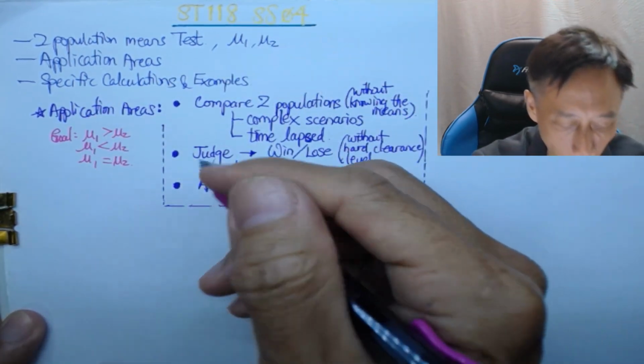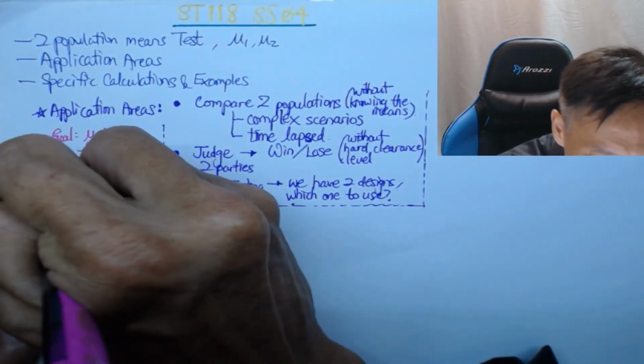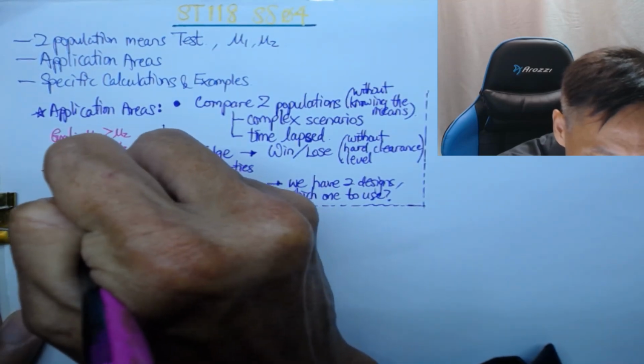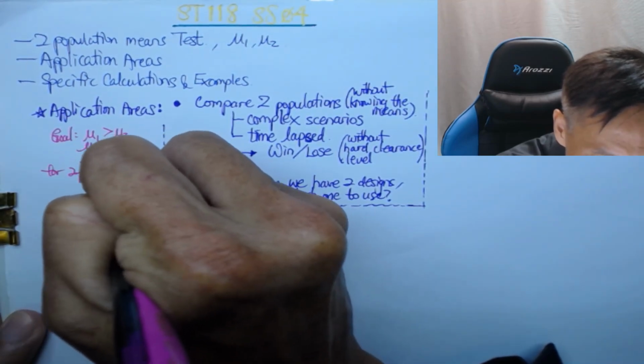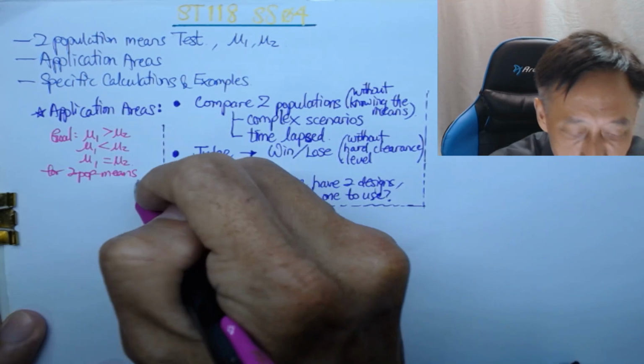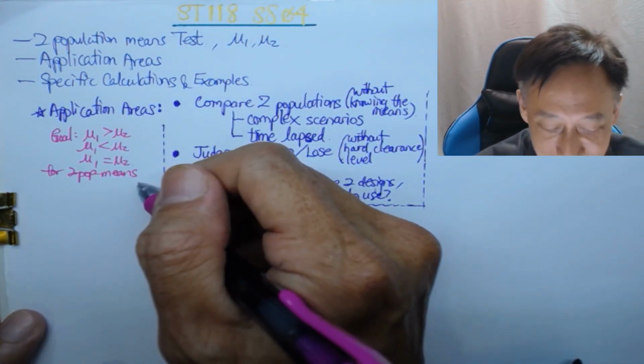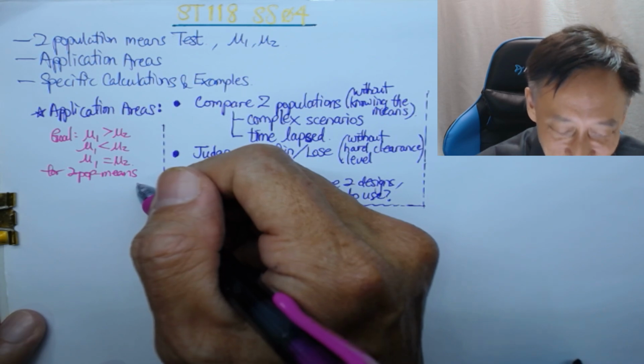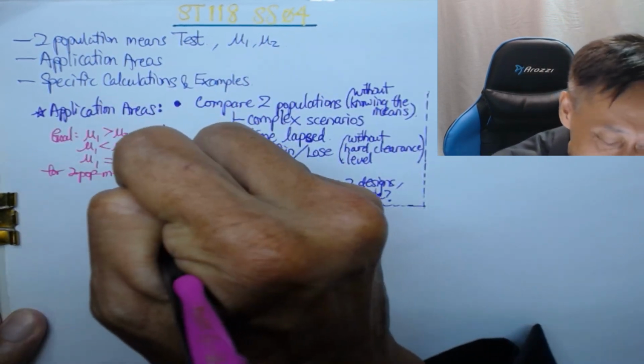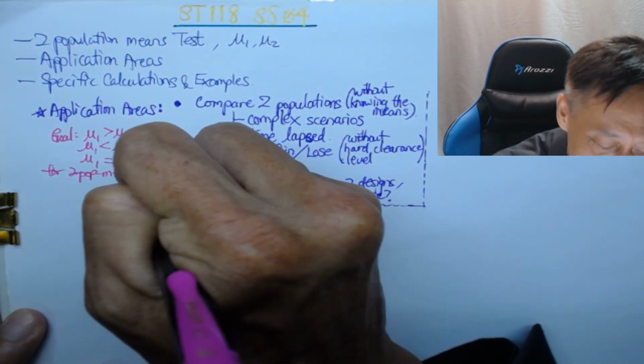Okay, so that's the goal for two population means test. Mean or means, I'm always not very sure. Let's just say means test.